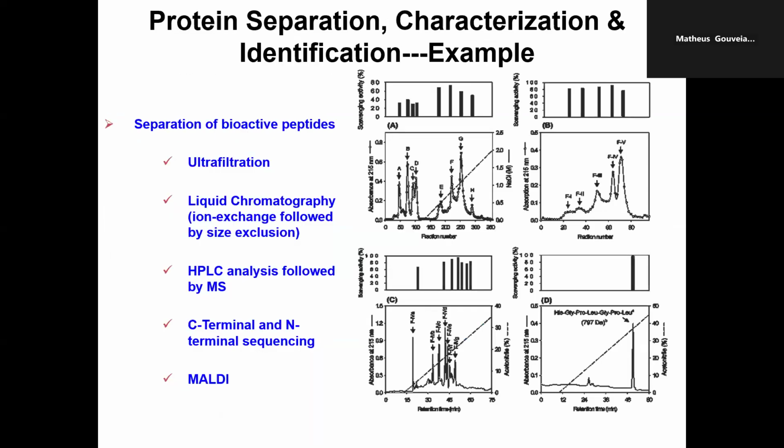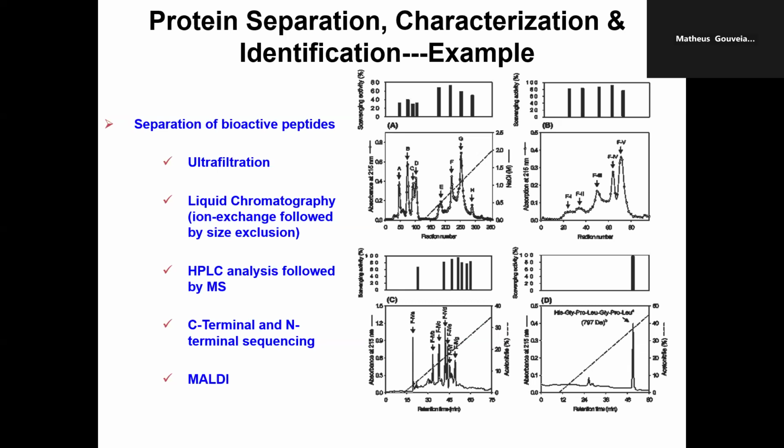Here is an example to show that sometimes you have to do multiple things to separate and purify the protein before you do your proteomics, for example. Oftentimes you have to do 2D, 3D chromatography in a row: first dimension, second dimension, third dimension.